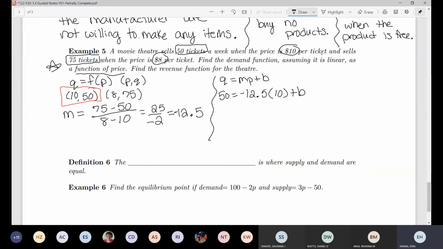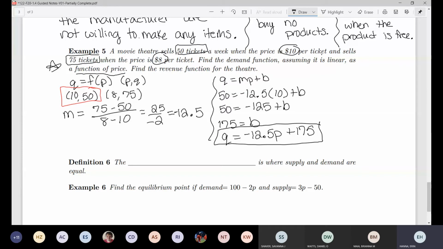And we don't know what B is yet. So 50 equals negative 125 plus B. Add 125 to both sides. 175 equals B. So our demand function is negative 12.5 P plus 175. Now we're not done, but that was part of it.